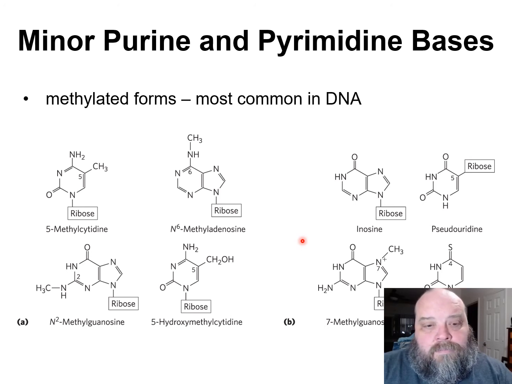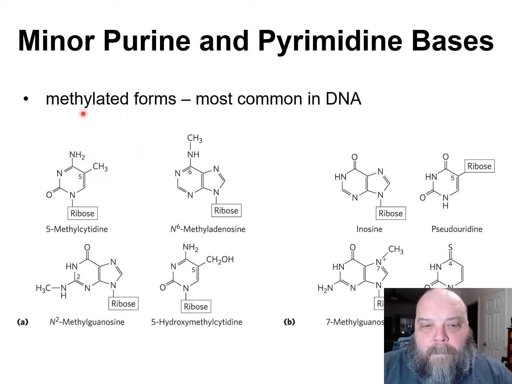When you look at just the nitrogenous bases, the purine and pyrimidine bases, what we find is that sometimes there's going to be an extra functional group attached, specifically a methyl group.